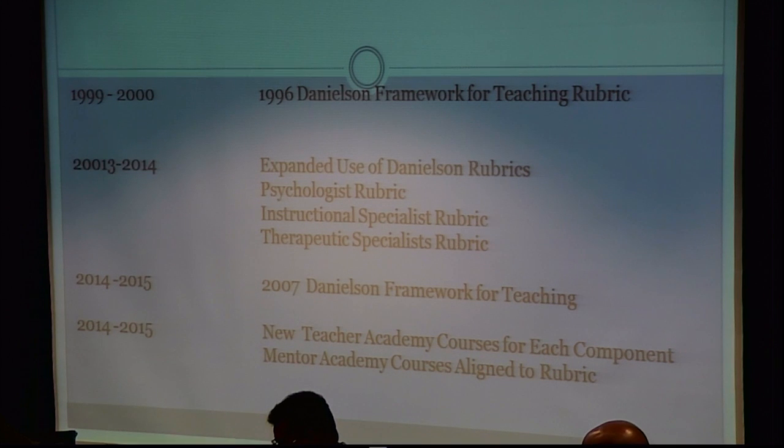In 2014, we implemented the 2007 Danielson Framework for Teaching, so there were some changes that were made around the rubric in some language, not really a wholesale change, just some minor tweaks. There are 2011 and 2013 versions.